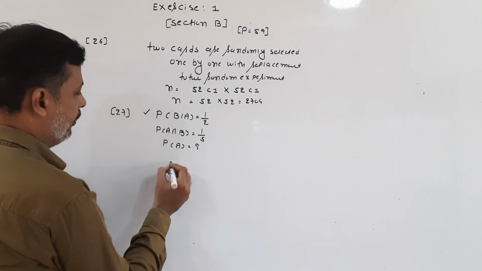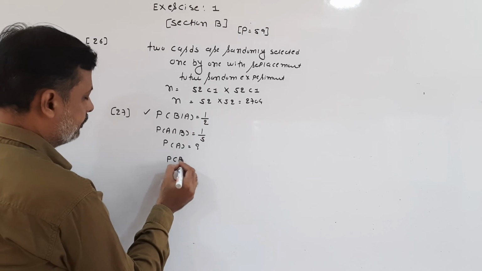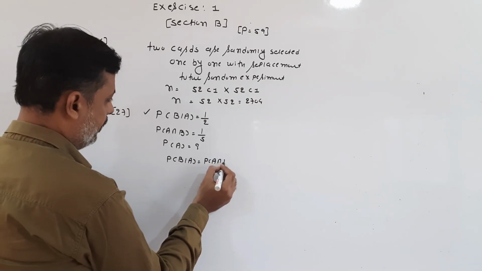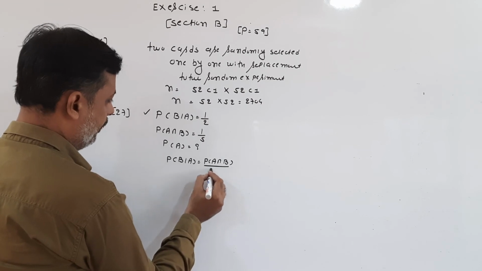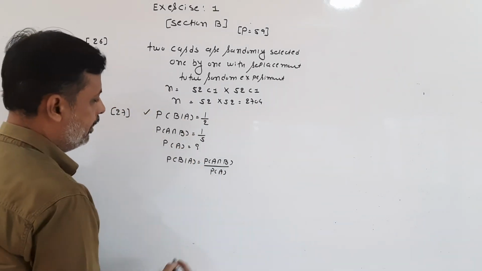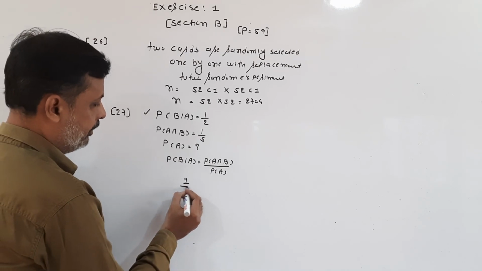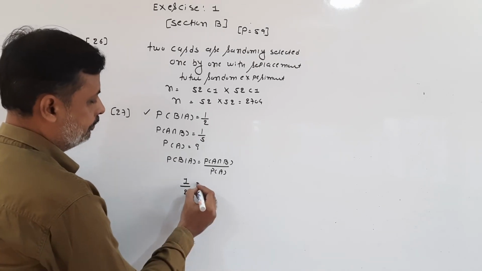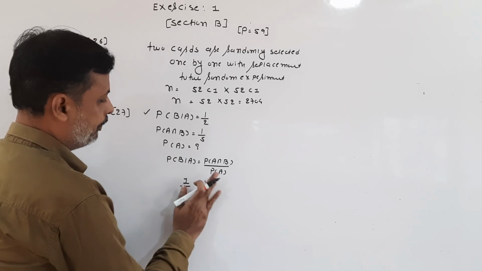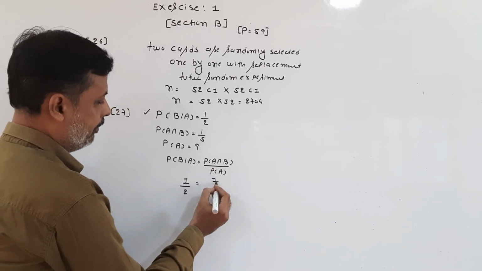So we apply the formula B upon A, that is P of A intersection B upon P of A. B upon A, that is 1 by 2. P of A intersection B, that is 1 by 5.